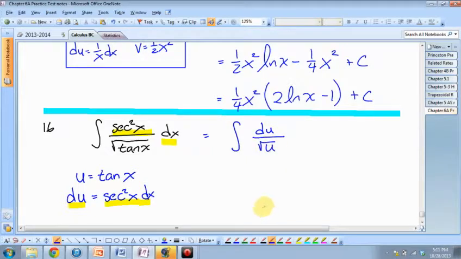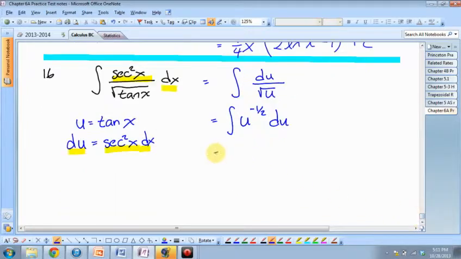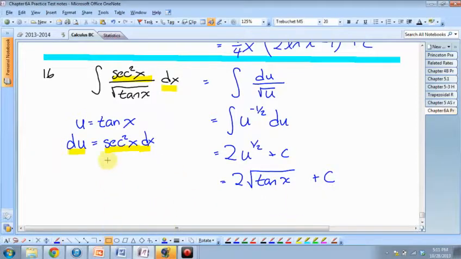And then that's just power rule. Why does it do that? So weird.